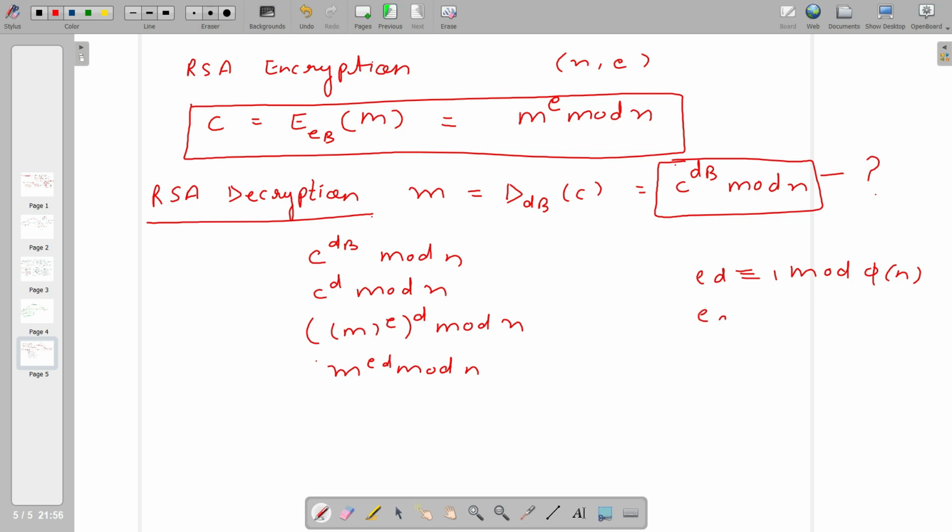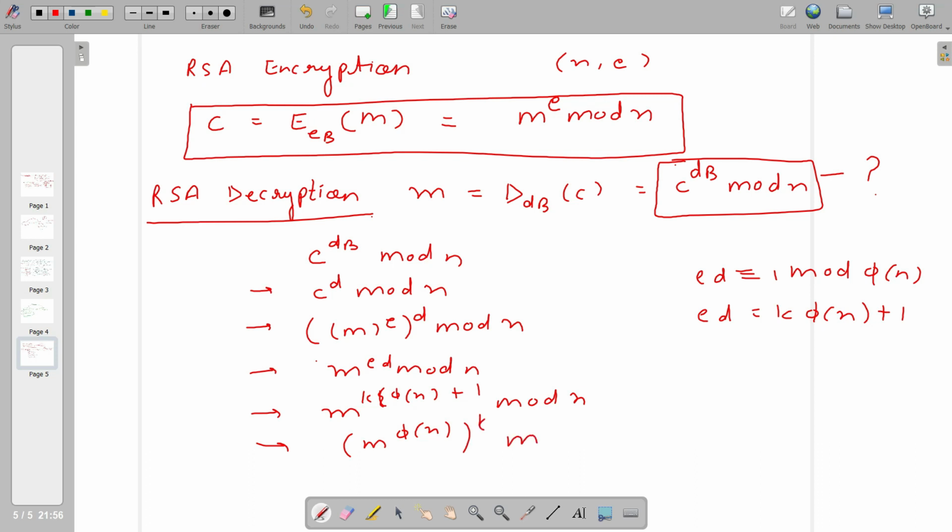So we can write ED is equal to k times phi n plus 1, where k is any integer. So we can put this value of ED here. So here it comes out to be M to the power k phi n plus 1 mod n.